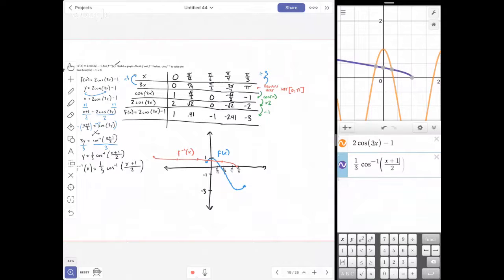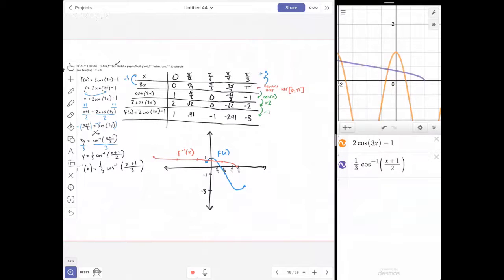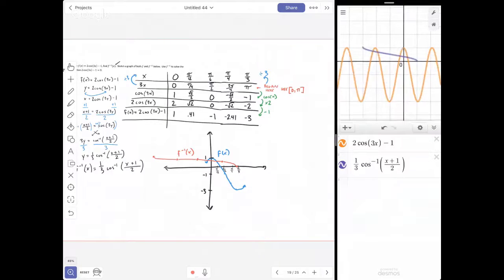So here's what I kind of had for you guys, because I also had the graph kind of scaled out, but that looks real nice.